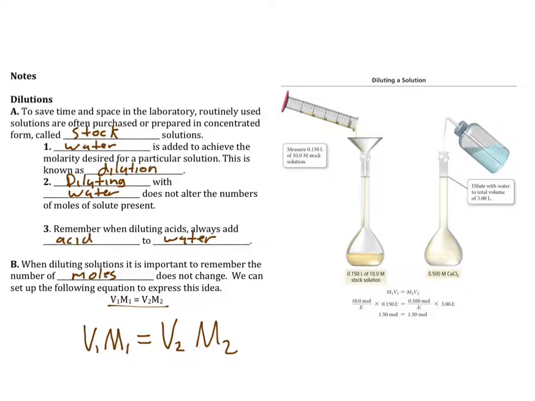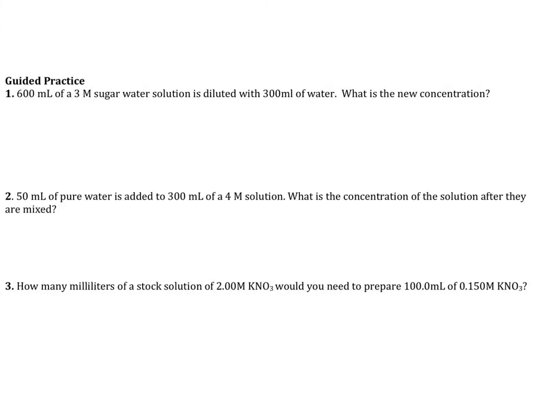Let's go ahead and do some practice problems. Keep in mind we are going to use M1V1 equals M2V2. There's something really important about these problems, and I'm going to point that out in a moment. We're starting with a certain volume, and we have a certain molarity.